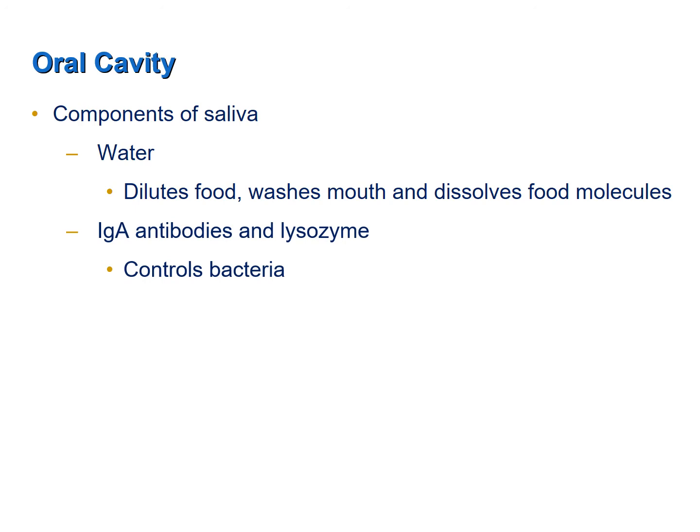There are also antibodies and lysozyme present in saliva. Both serve to help control bacteria by destroying bacterial cell walls. These components are very important for preventing bad breath as well as for preventing dental caries.